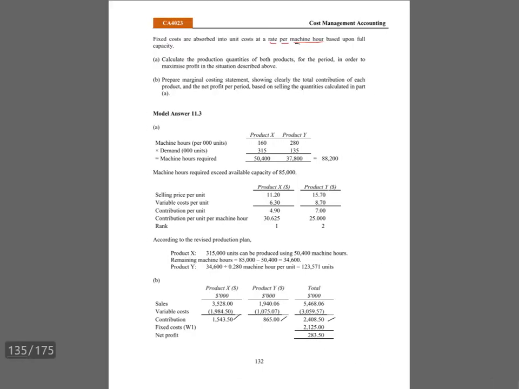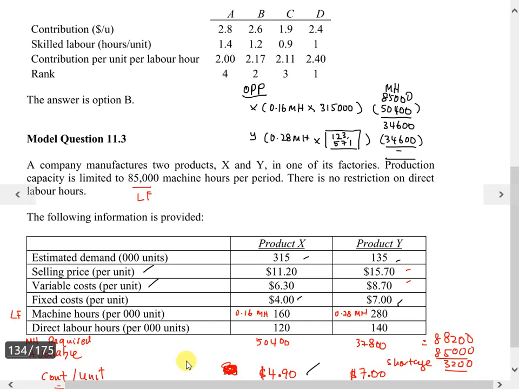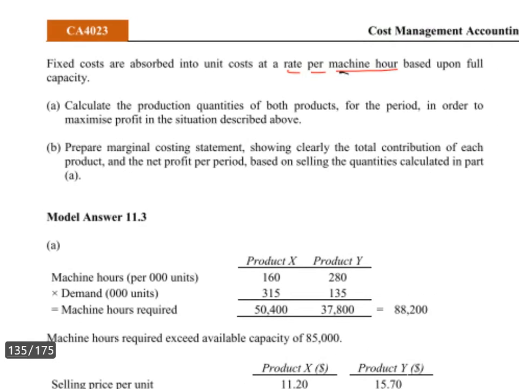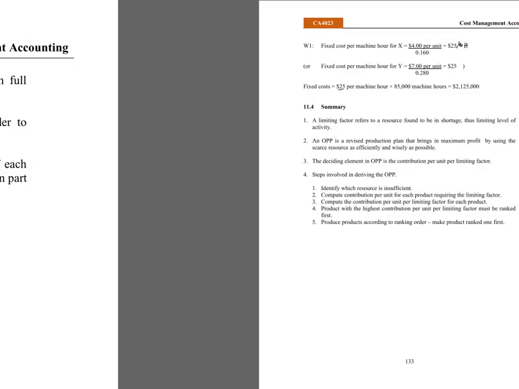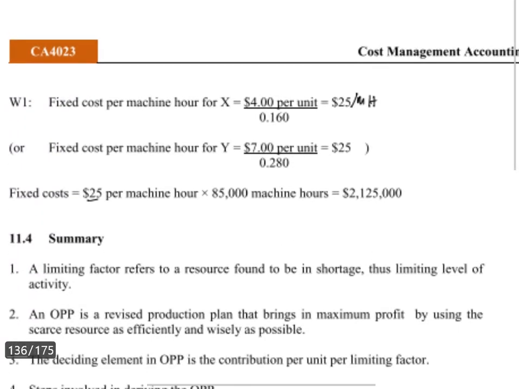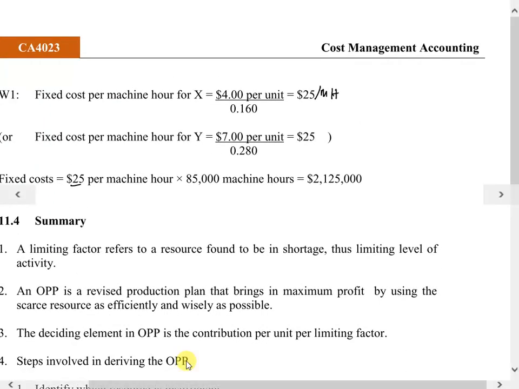If you use the other method, 315,000 with fixed cost per unit $4, you don't get the fixed cost because they say this is based on per hour. That's why you get a different figure. The question says based on per hour, so we have to calculate the OAR per machine hour. How? I'll show you here.